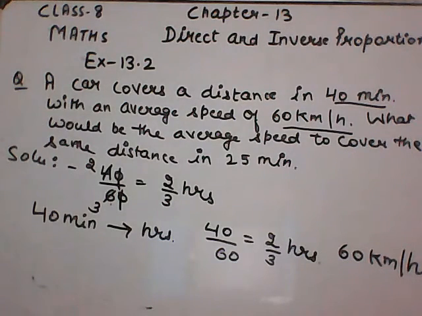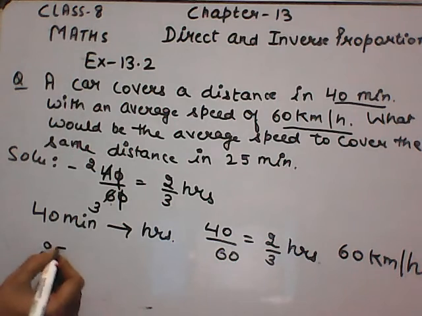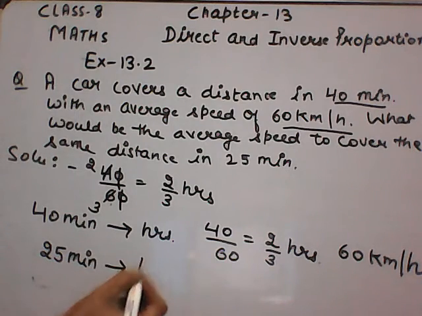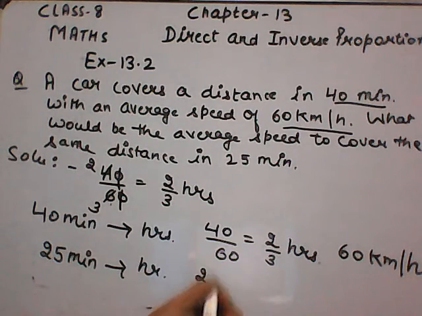Now, what would be the average speed to cover the same distance in 25 minutes? That means you have to calculate the speed, and time is given to you in terms of minutes, 25 minutes. You have to convert minutes into hours. If we divide 25 by 60, 5 5s are 25, 5 12s are 60.